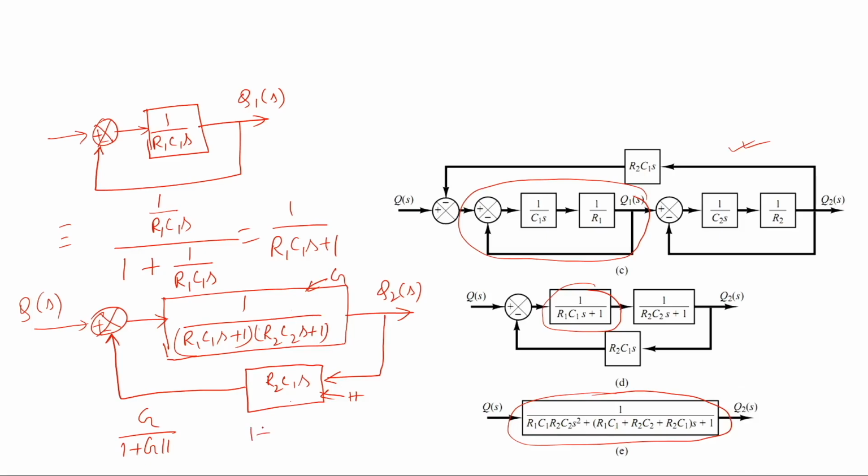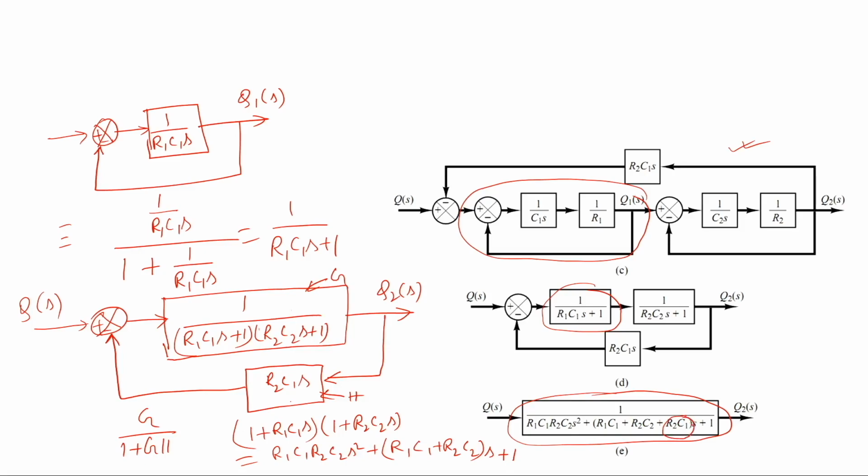See 1 plus R1 C1S into 1 plus R2 C2S means what? That is R1 C1 R2 C2 S square plus R1 C1 plus R2 C2 into S plus 1. Okay. Now, everything is okay, but there is one extra term.